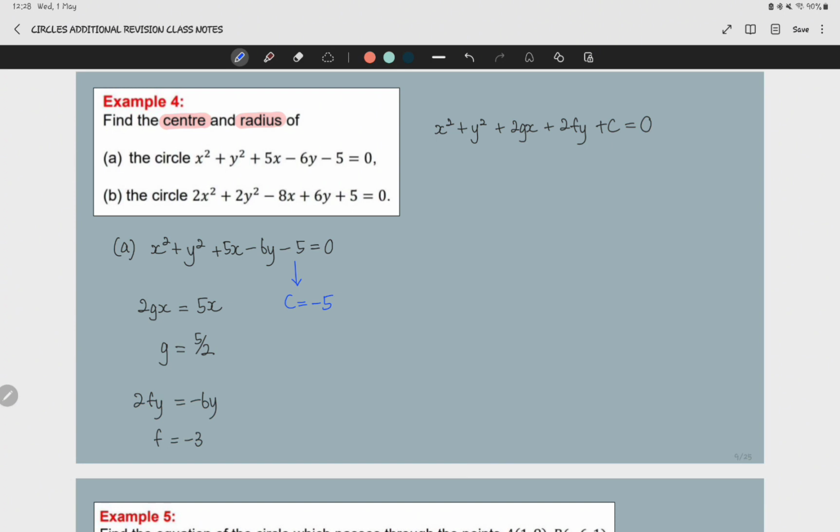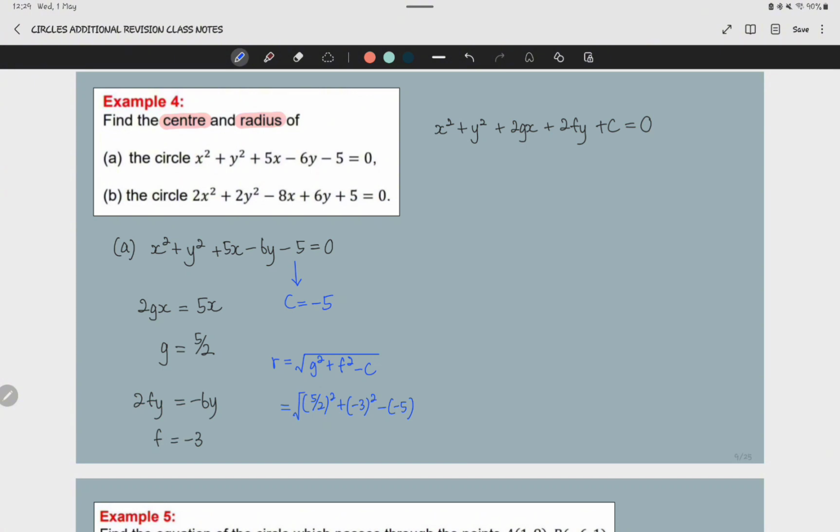Okay, so now we have your g, we have your f. To find the radius, use your formula. r equals the square root of g squared plus f squared minus c, correct? So substitute your values: 5 over 2 squared plus negative 3 squared minus negative 5.